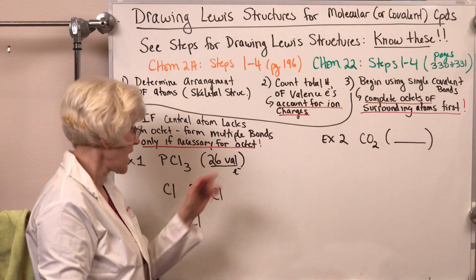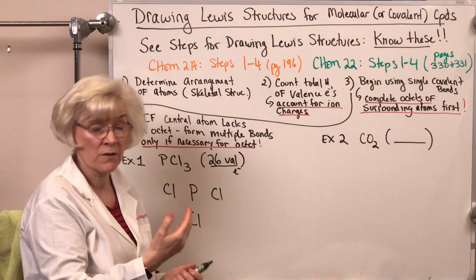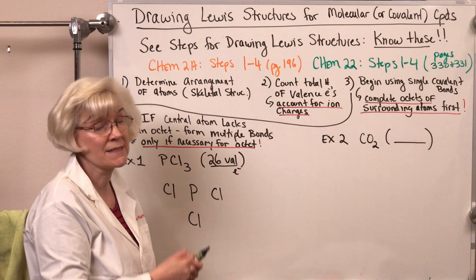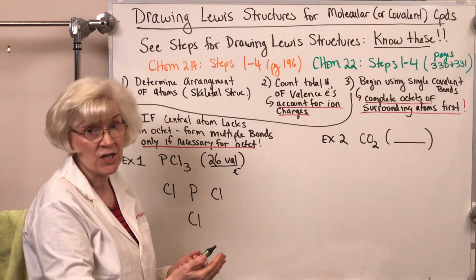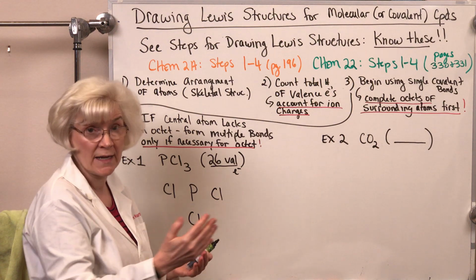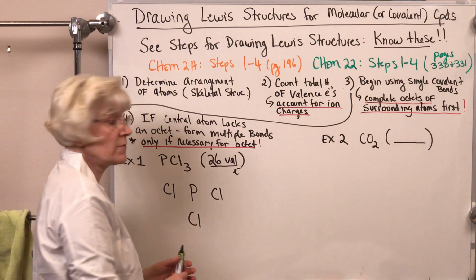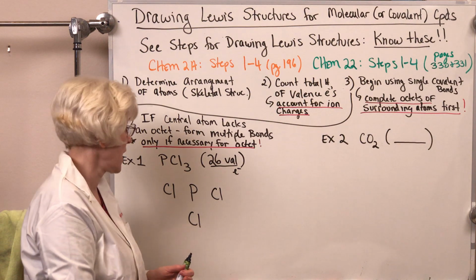So we've got that count, and from me to you, if you're being quizzed or tested on the material, it's a good idea to add it up again and make sure that you haven't made an addition error. It's easy to do, and then it will throw your whole structure off if you're not dealing with the correct number of total valence electrons in the drawing.